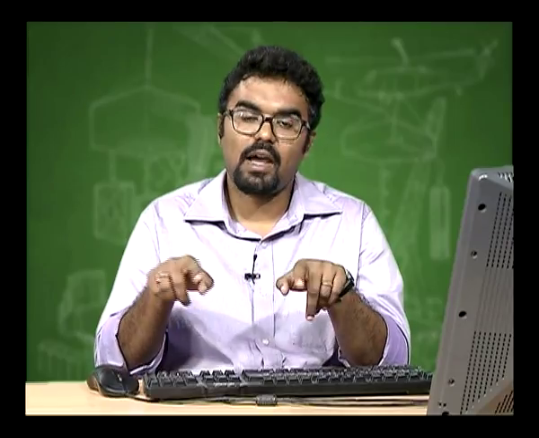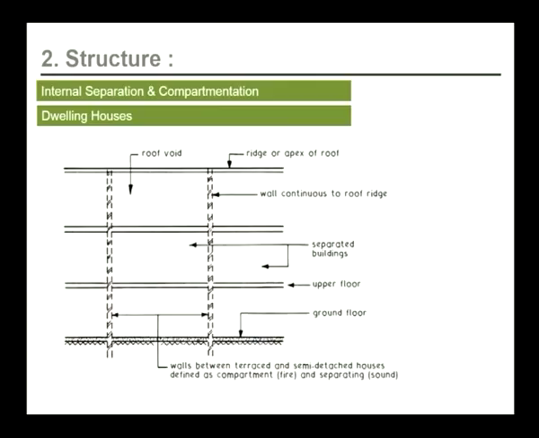For example, in a space we have two rooms, a bedroom and a drawing room. Both have different functions, so both these spaces are separated by physical barriers like walls. The space enclosed by the physical barriers is called a compartment, and the entire process is called compartmentation.